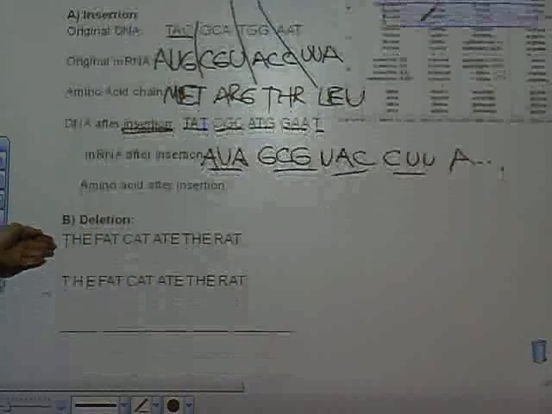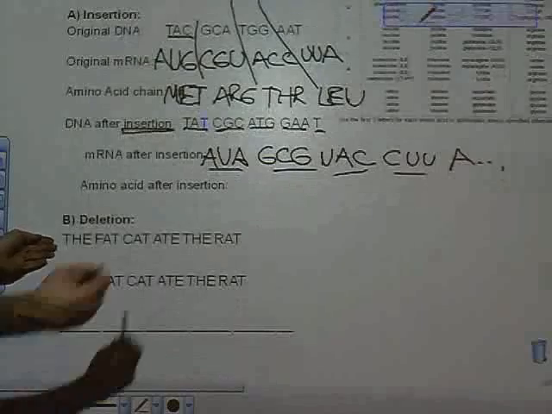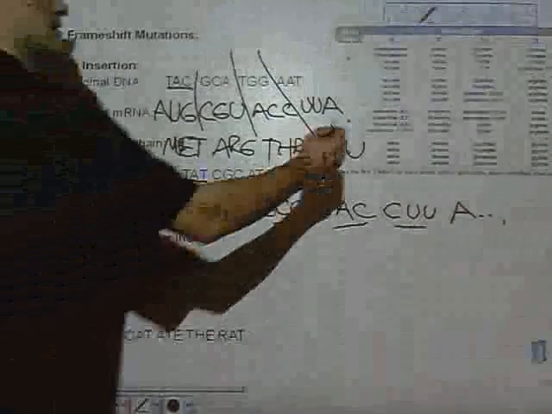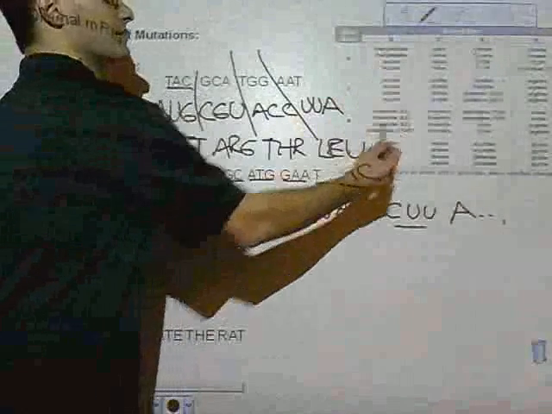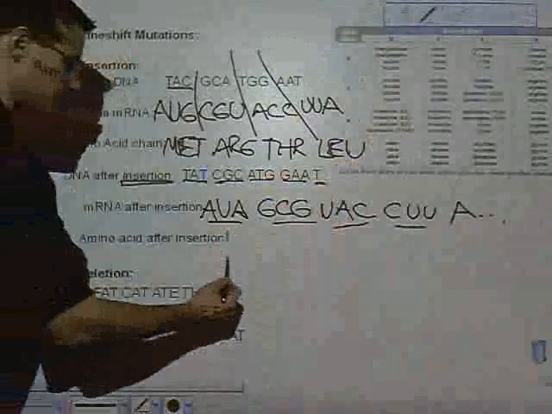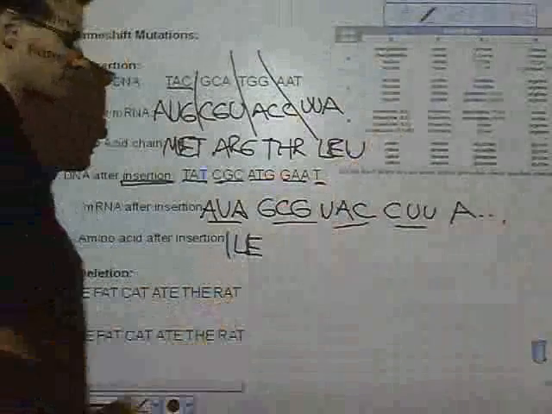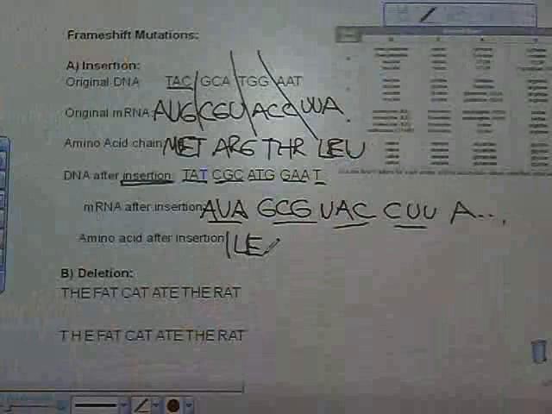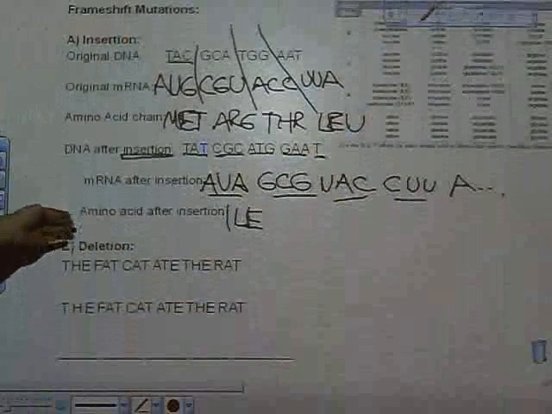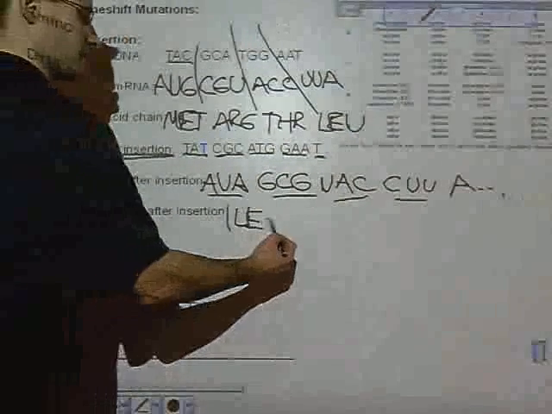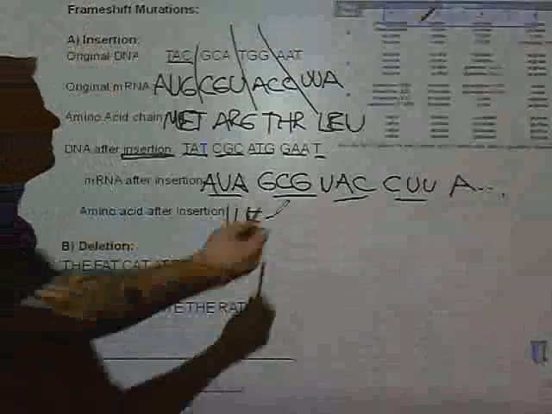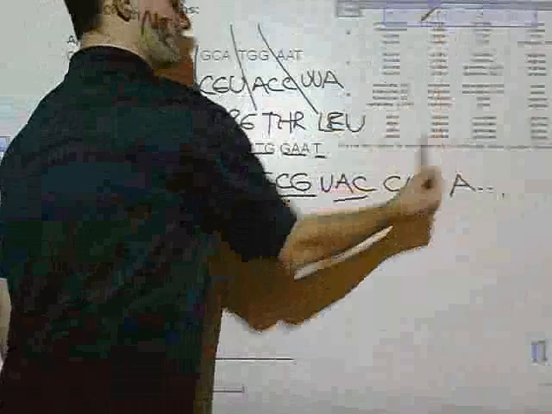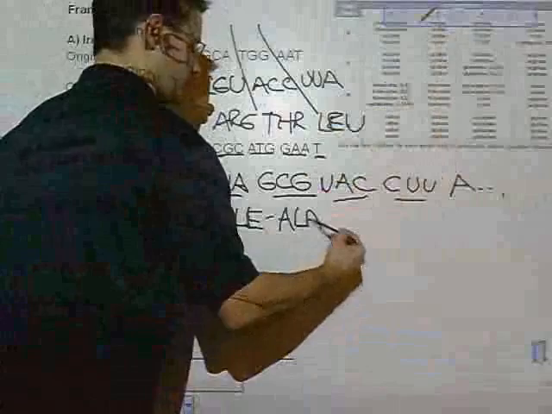Alright, so let's take a look at the amino acid sequence after insertion. AUA is actually going to code for isoleucine, which is not our start codon, it's not our start amino acid, but if the ribosome doesn't recognize it and doesn't know any better, it's just going to keep going. GCG is going to code for alanine.